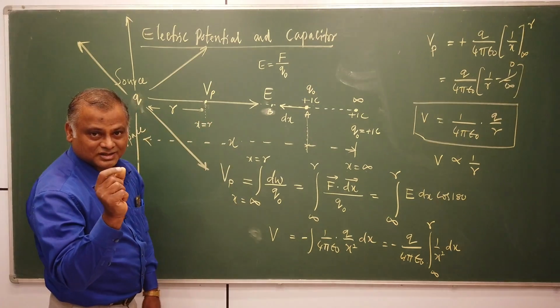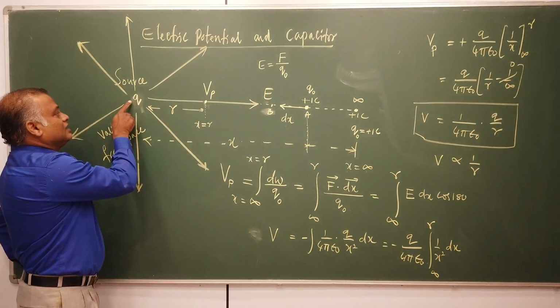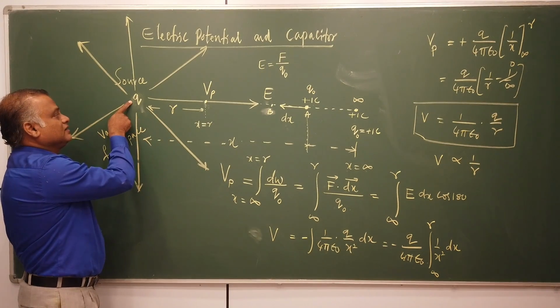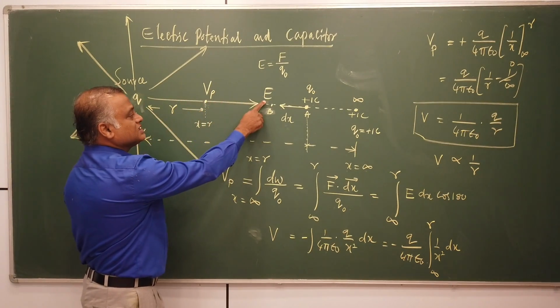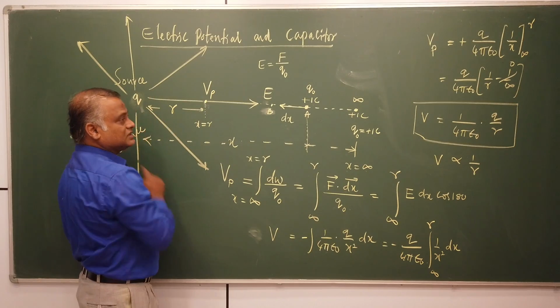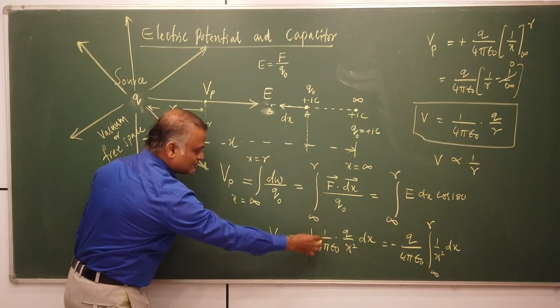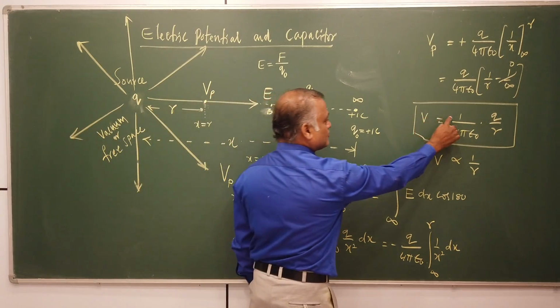Now the last discussion of this: from this positive charge, field lines are away from the charge. We have done some mathematical calculation, we got positive.